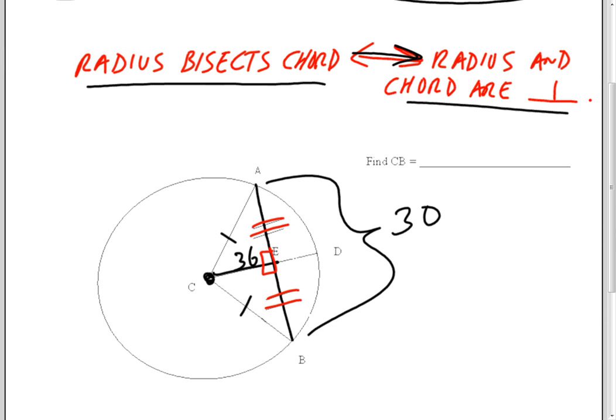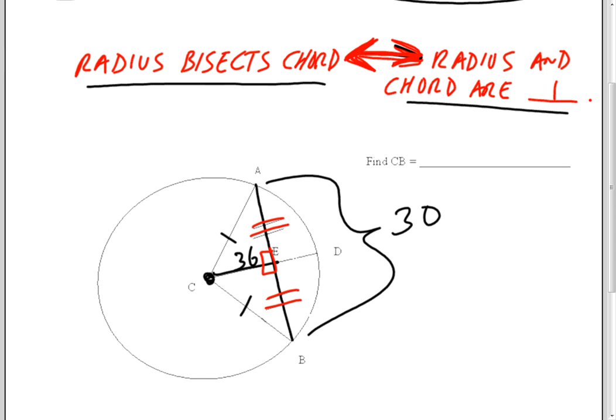That's one direction. It turns out I can work this the other direction also. Hence the two arrows. So if I see the right angles with a radius and a chord, what can I then put into the drawing? Slash marks. So if you see the right angles, put the slash marks in. If you see the slash marks, put the right angles in.